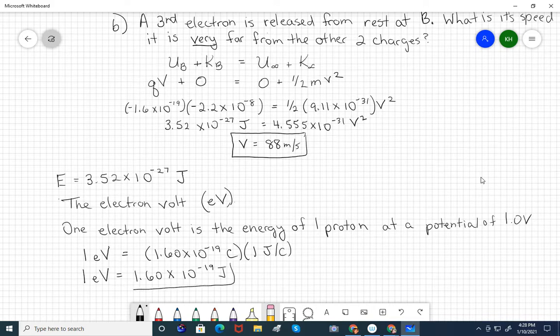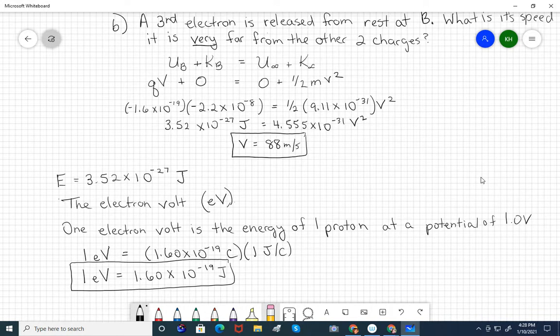It's just a convenient measurement of energy. Now, it's not the SI unit. Joules is the SI unit. If I'm working this problem, I have to work it in terms of joules.